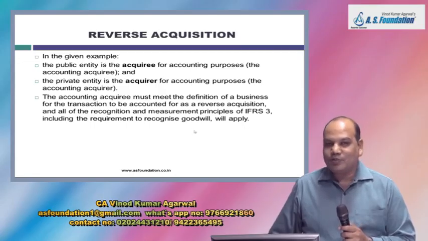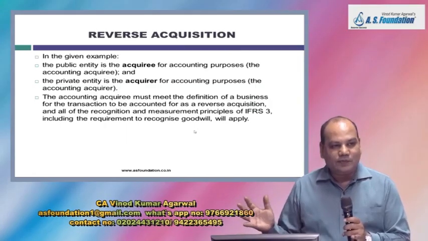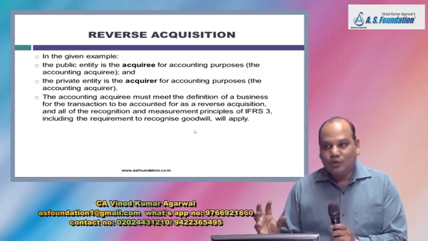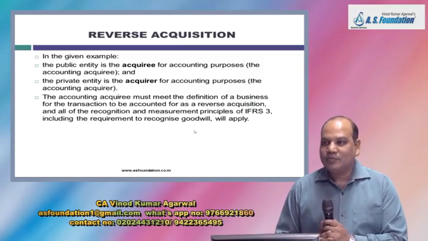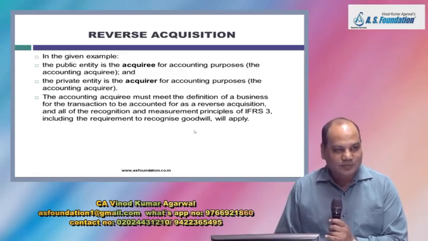Now, how will you calculate the goodwill here? Goodwill will be calculated by first calculating the fair value of accounting acquiree's business, and comparing it with the fair value of net asset.